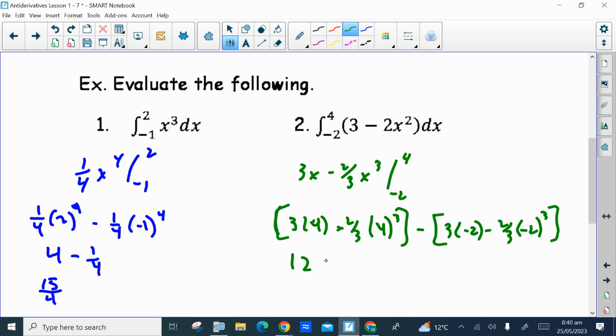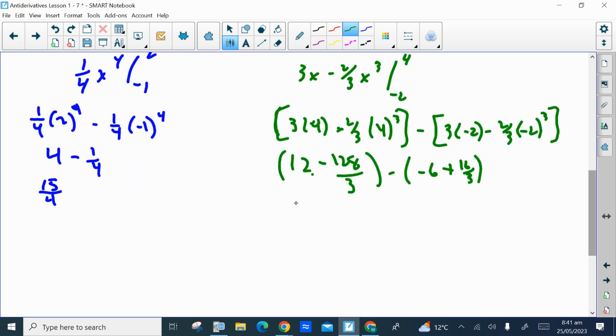So you'll get 12. Now 4 cubed is 64 times 2 is 128 over 3, minus 3 times negative 2 is negative 6. Negative 2 cubed is negative 8 times negative 2/3 would be positive 16/3. The minus in front of the bracket changes all the signs inside.